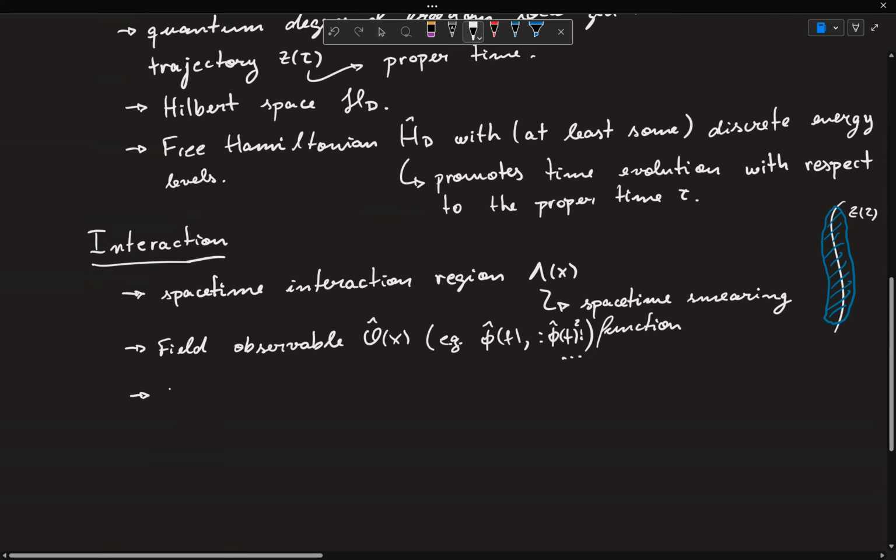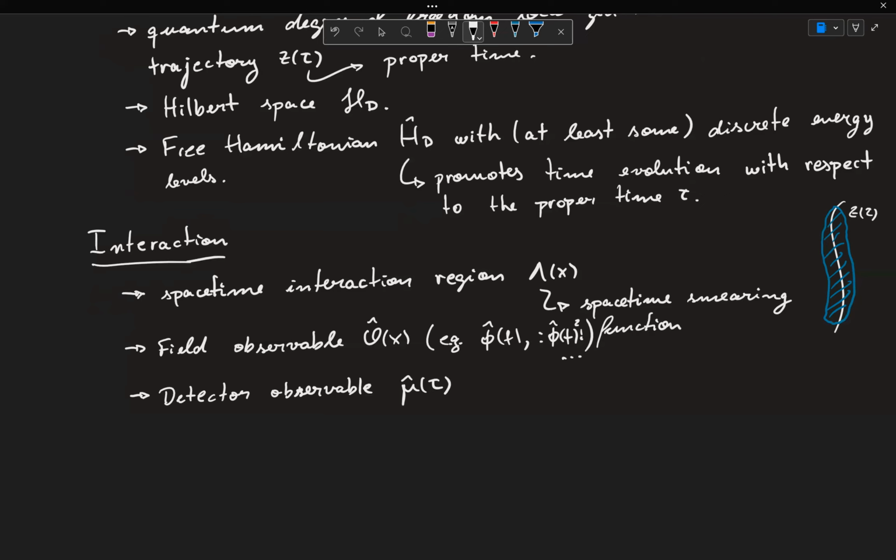And finally, we need a detector observable, or in general, it's an operator, but in this case, let's focus on observables. We're going to call it mu of tau. The idea is that the detector observable is going to couple to the field observable within the region lambda of x, and then from this, we're going to be able to build our interaction Hamiltonian.